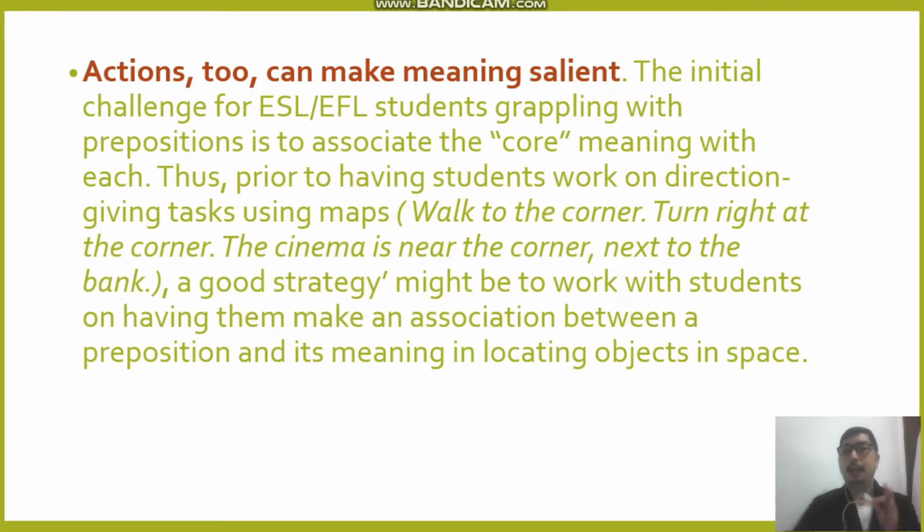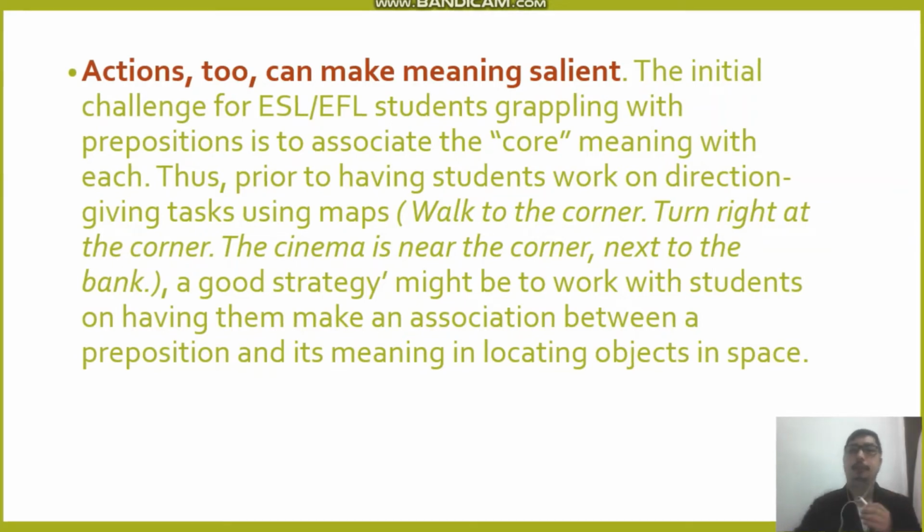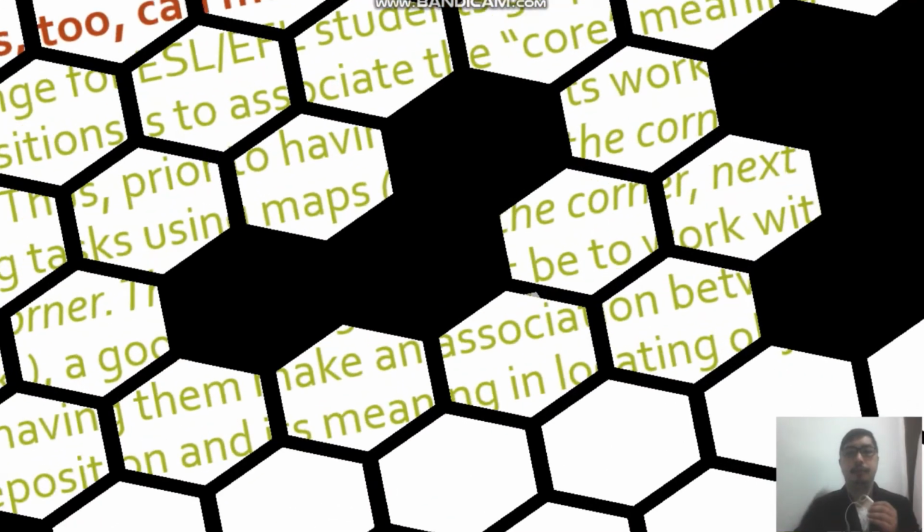Thus, prior to having students work on direction-giving tasks using maps, a good strategy might be to work with students on having them make an association between a preposition and its meaning in locating objects in space. Meaning, you can provide your students with tasks like walk to the corner, turn right at the corner, the cinema is near the corner, next to the bank, and things like that.